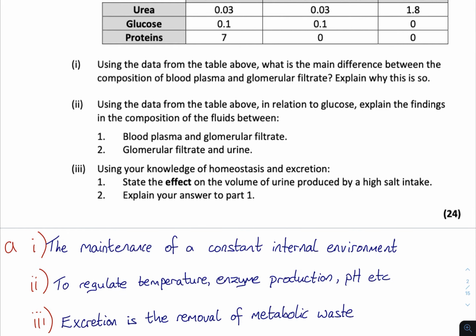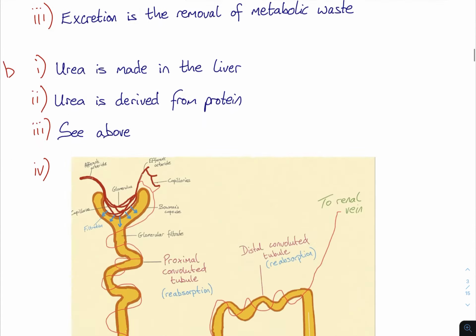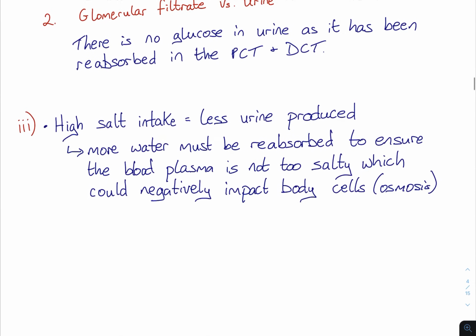Continuing on, using your knowledge of homeostasis and excretion, state the effect on the volume of urine produced by a high salt intake and explain your answer. So if you have a high salt intake, what happens? Well, a high salt intake means you will produce less urine. The reason being is more water must be reabsorbed to ensure the blood plasma isn't too salty, which could have a negative impact on body cells due to osmosis.